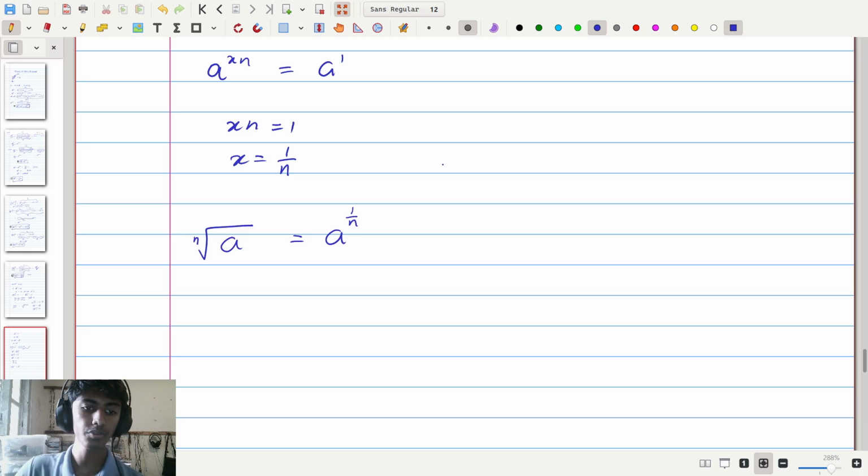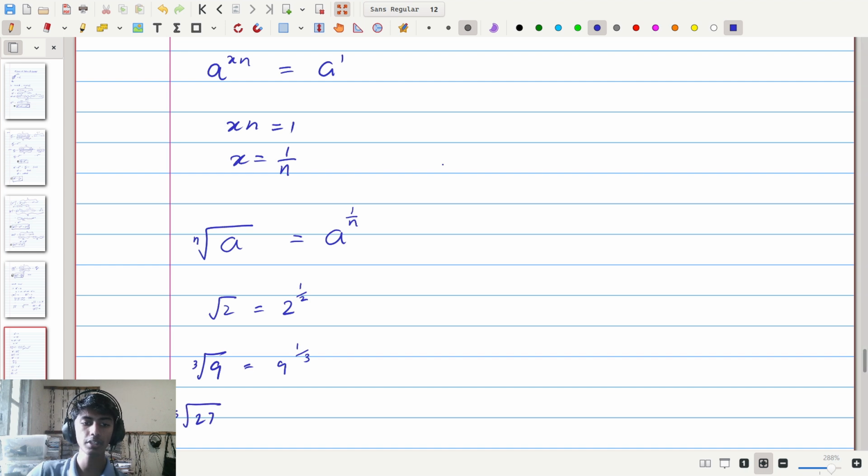So note, the square root of 2 is exactly the same as 2 to the 1 divided by 2. The cube root of 9 is the same as 9 to the power of 1/3. The 5th root of 27 is the same as writing 27 to the 1/5, and so on.